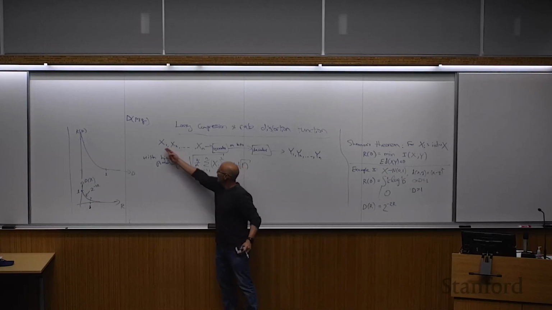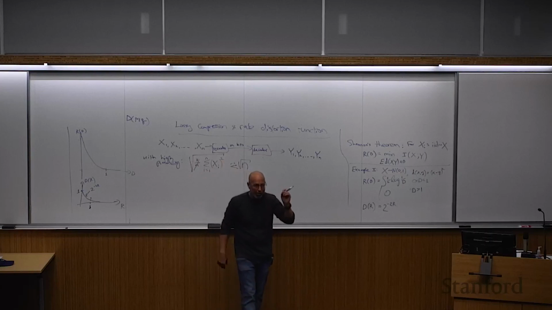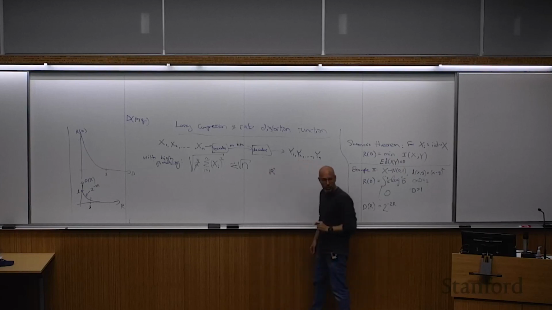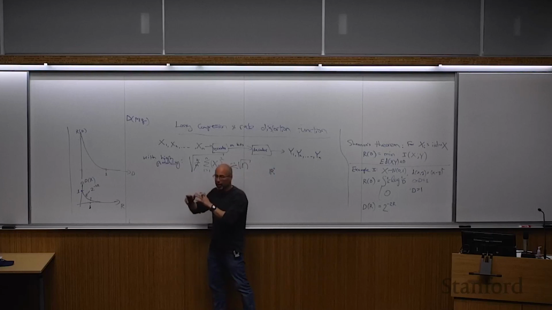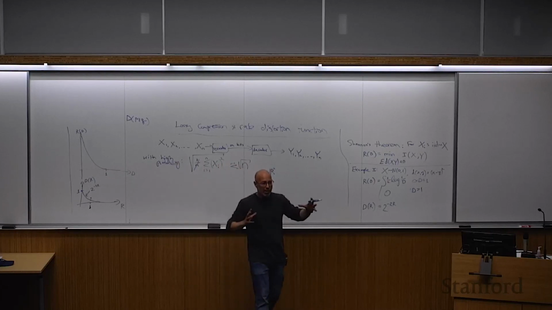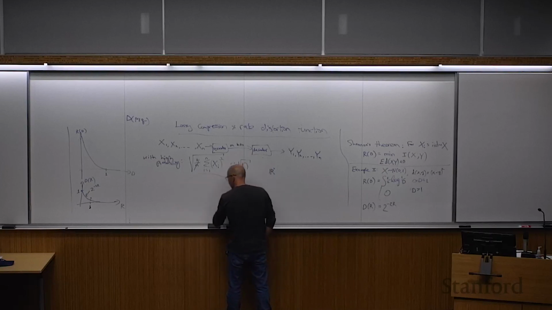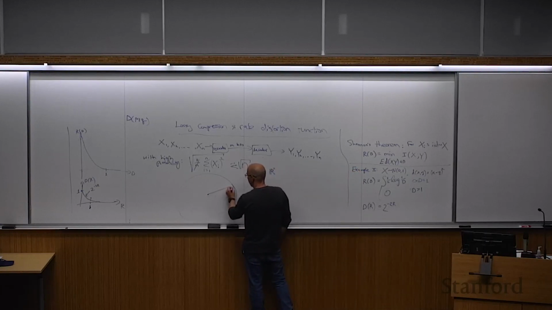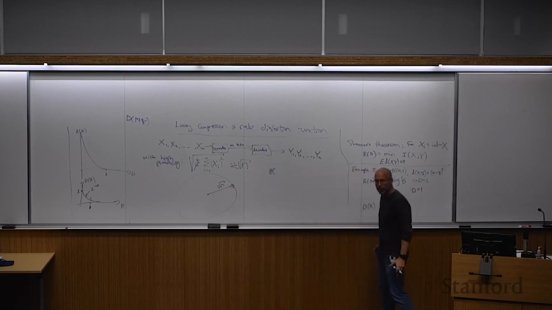If I think about the realized n-tuple as a point in n-dimensional space, so let's say that this board here now is all of R^n, then what I know is that with all likelihood, the realized source n-tuple is going to fall inside an n-dimensional ball of radius essentially no more than square root of n.